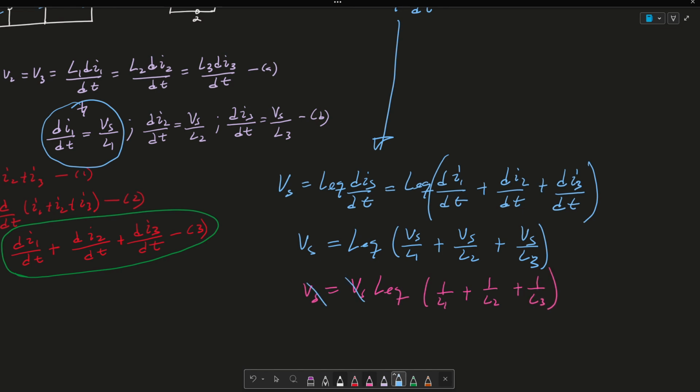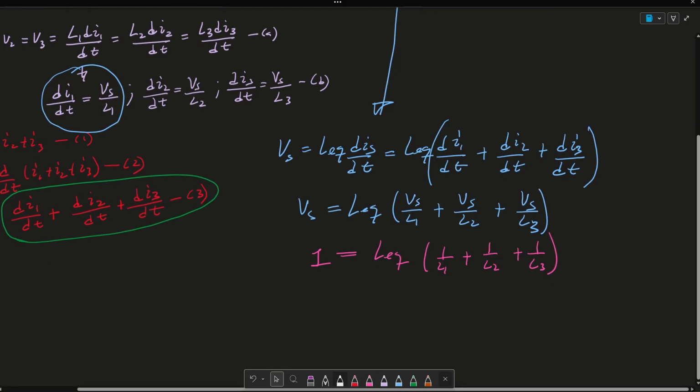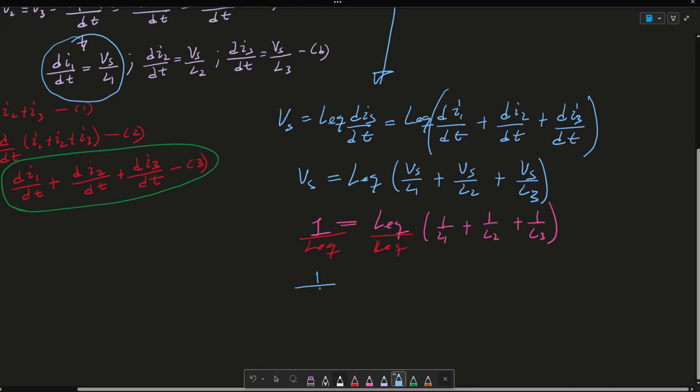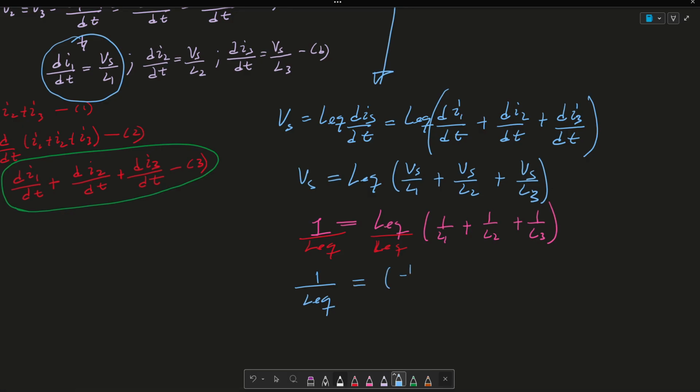Okay, the Vs's cancel out. So this is just equated to 1. So then if I divide both sides by L equivalent, I'm left with 1 over L equivalent equal to 1 over L1 plus 1 over L2 plus 1 over L3.